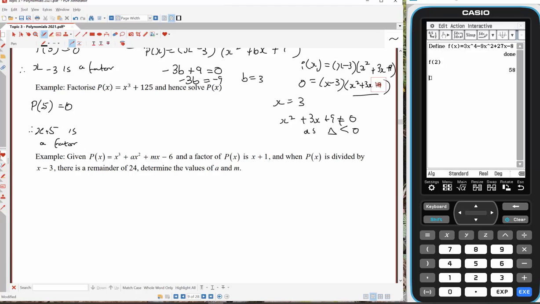So we're going to do the same exact thing as before. P of x equals x plus 5, x squared plus bx, a middle term that I don't know yet. Now 5 multiplied by what gives me 125? It's going to be 25.